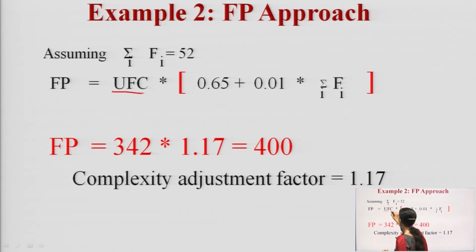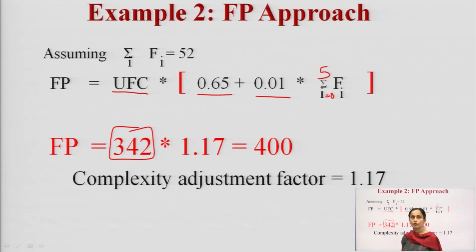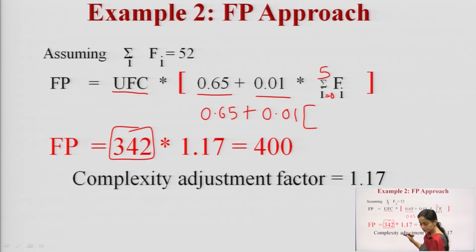UFC into 0.65 plus 0.01 into summation of Fi, where i goes from 0 to 5. So, this UFC is given to me as 342 in the program, and this I have calculated, that comes out to be 0.65 plus 0.01 into 52.